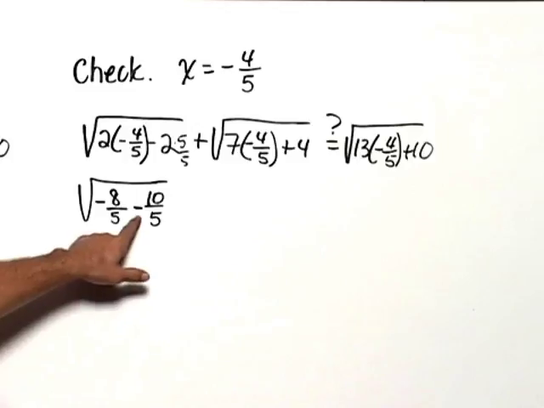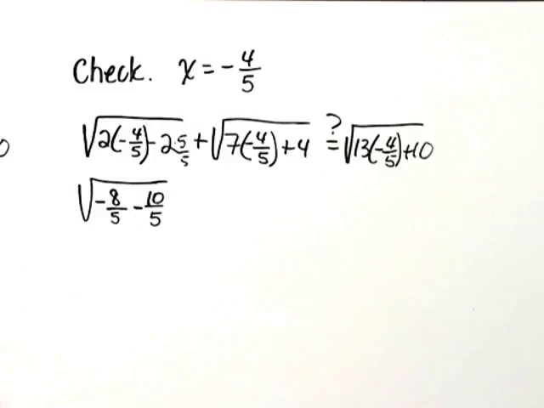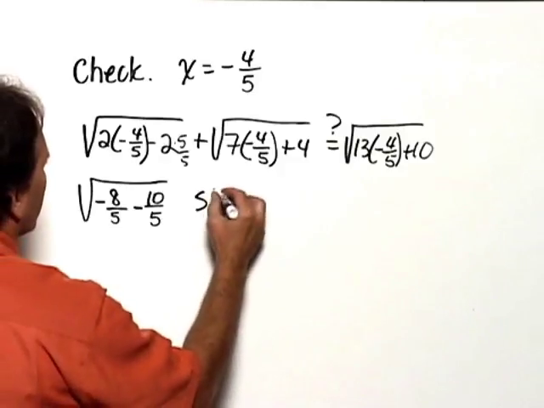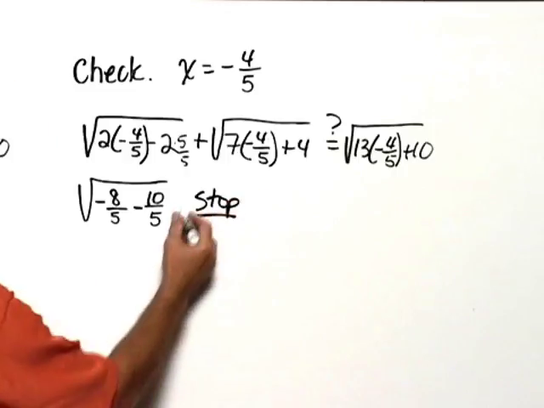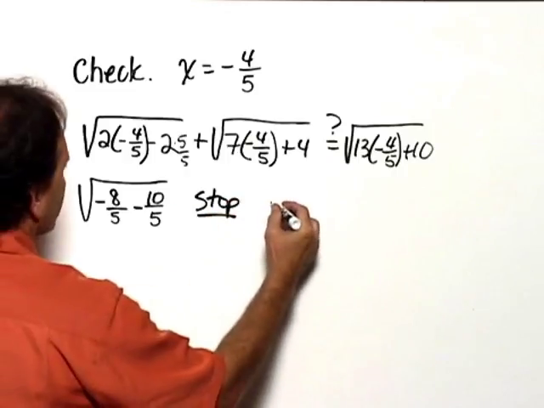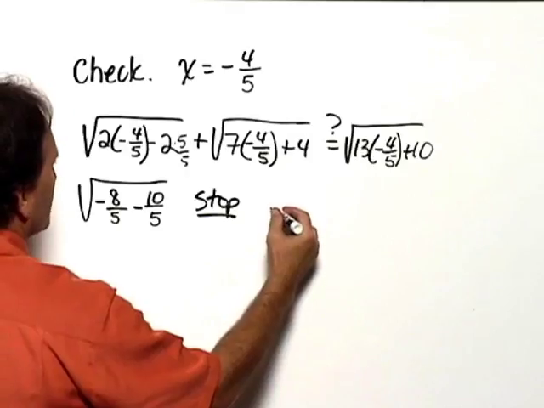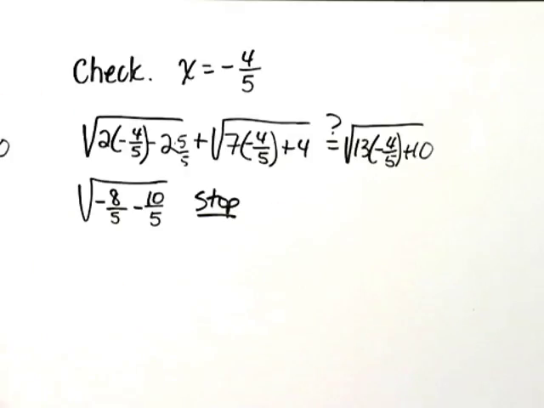When we combine these, we're going to have a negative 18/5. And that's the square root of a negative number, which of course does not give us a real solution. We can't take the square root of that to get a real number. And therefore, we're going to stop here because of that. And we know that x equals negative 4/5 is not going to be a solution.